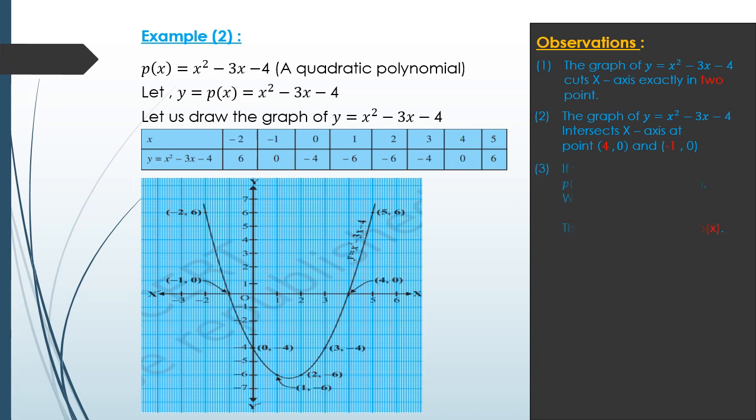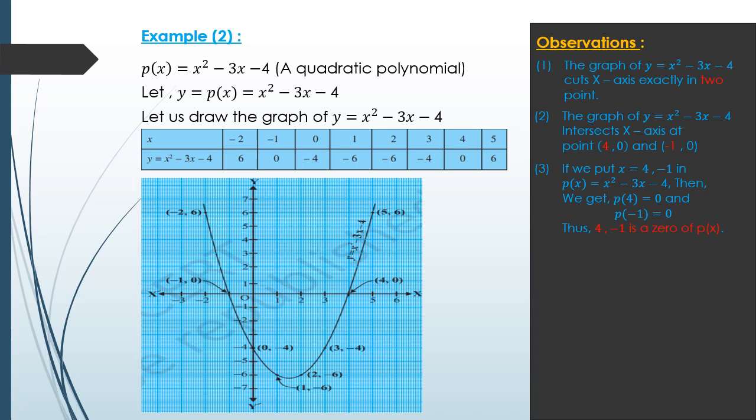Okay, let us see the next note. Now we know that the x coordinates of the points of intersection of the graph with the x-axis are nothing but zeros of the given polynomial. Let us check whether 4 and minus 1 are the zeros of the given polynomial or not. To decide that, we will put x is equal to 4 and x is equal to minus 1 in the given polynomial.